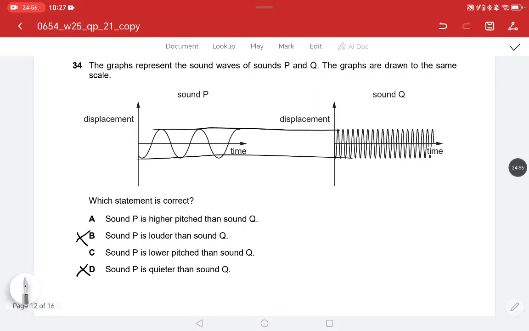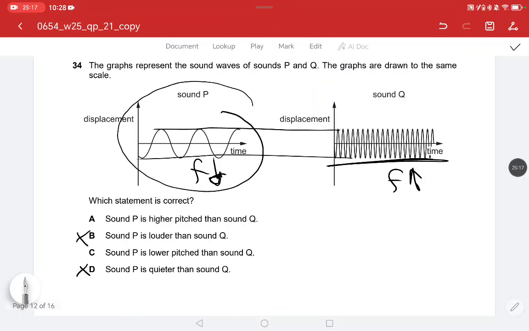So it's not B or D. So which one is correct here? The frequency here is more, as you see. Here frequency is more. Here frequency is less. Frequency is related to the pitch, whether it's high or low. So here they said sound P. Okay, so the sound P here has lower pitch. So the answer is A.